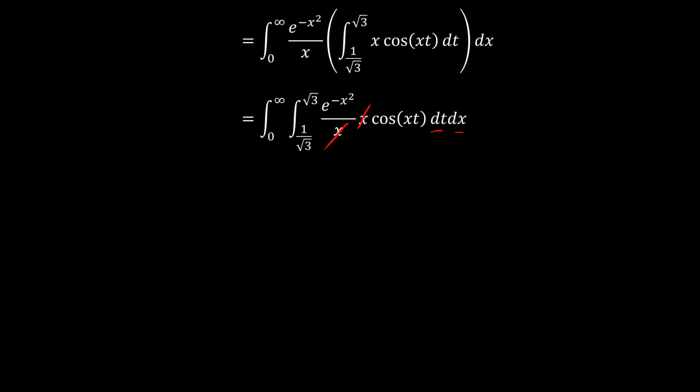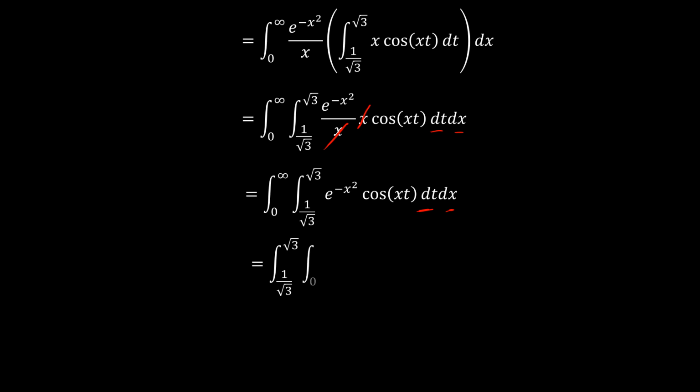But as we know, with double integrals, we can flip. We can take t out and bring x in. So what we're going to do now is first have the integral of e to the power negative x squared times cosine xt with respect to x, and then we can bring the t domain out and begin with the x.